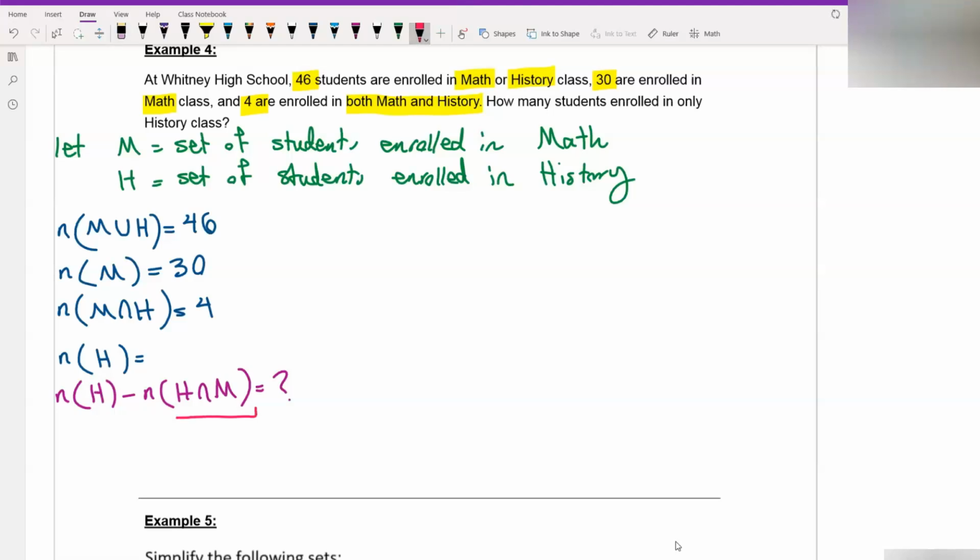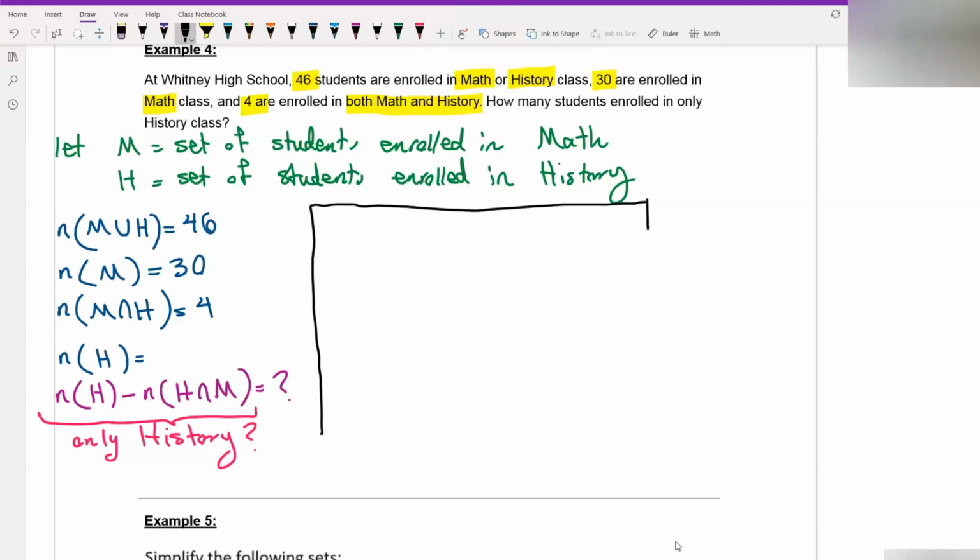So this part is only history. Now drawing Venn diagram, universal set first.